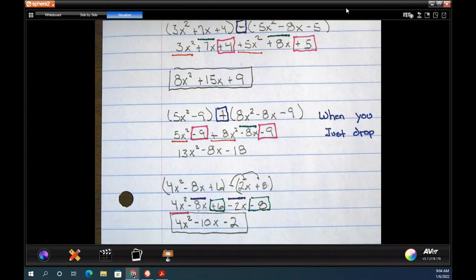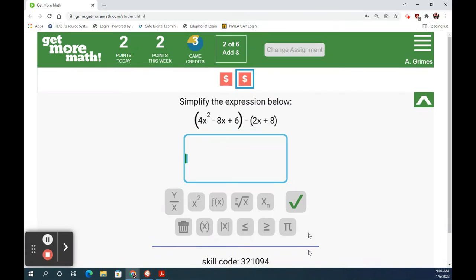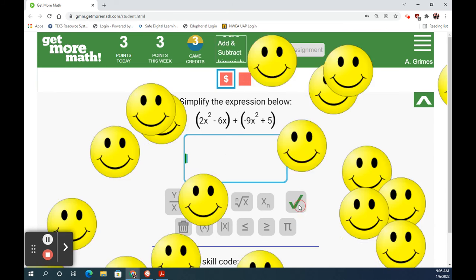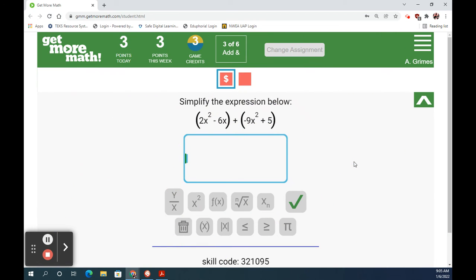Let me type in our answer. Okay, remember this. 4x, hit this button, and then type 2. Hit your right arrow to get out of it. Then it's just minus 10x minus 2. There's your answer. Okay, write that one down.